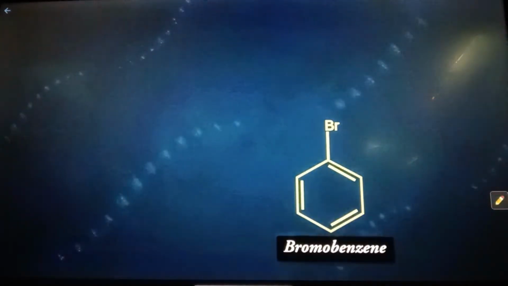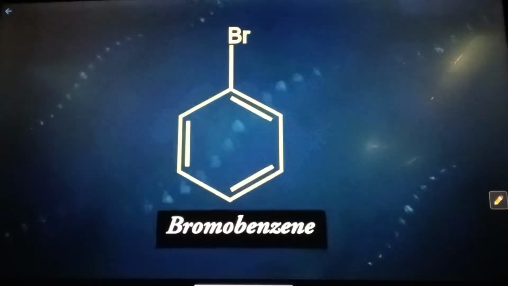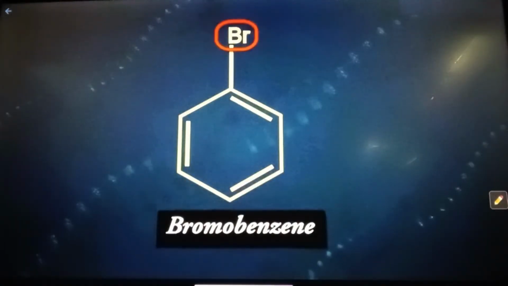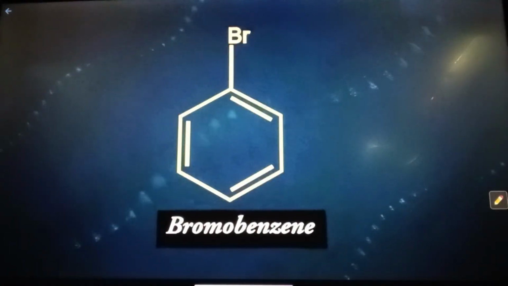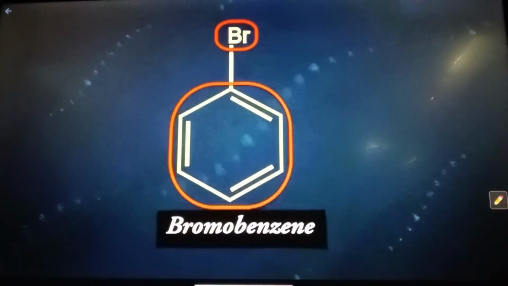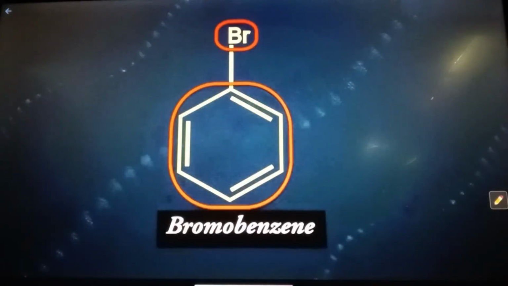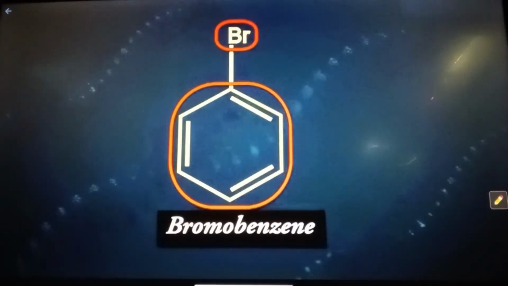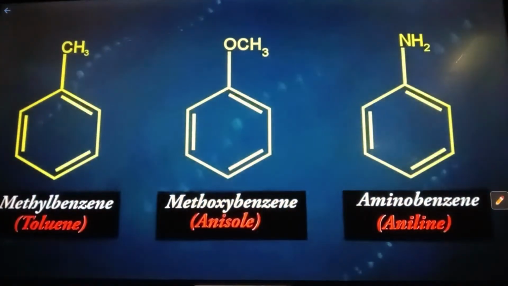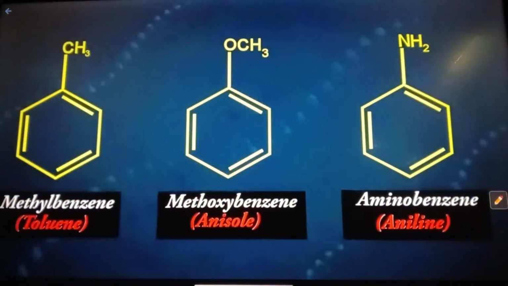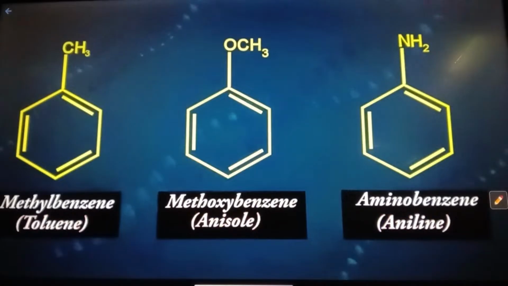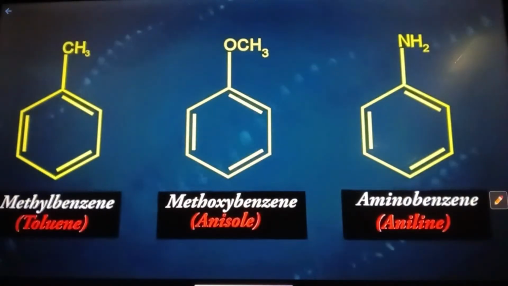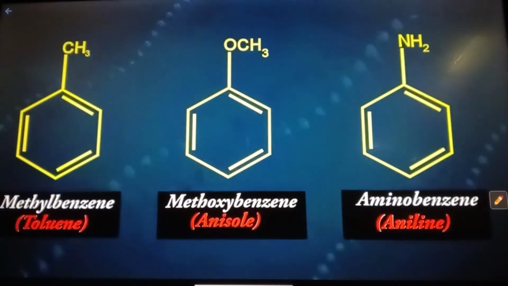For example, in the case of bromobenzene, the substituent bromine is placed as prefix to the word benzene as bromobenzene. However, common names written in the bracket below of many substituted benzene compounds are also universally used.